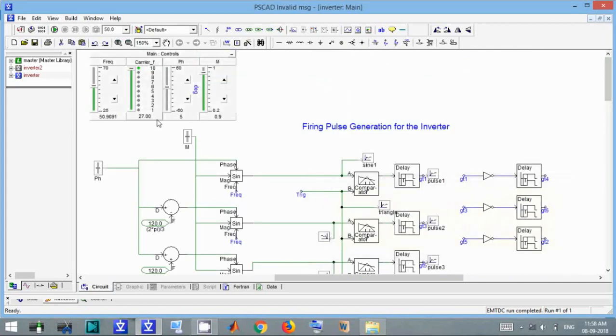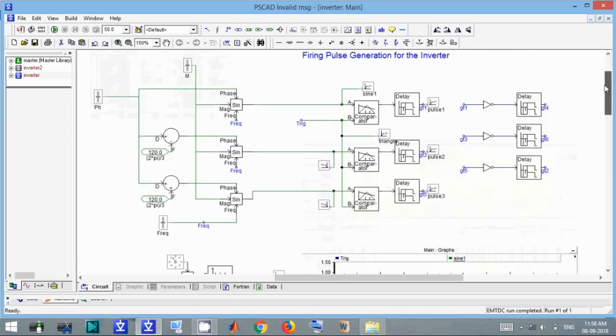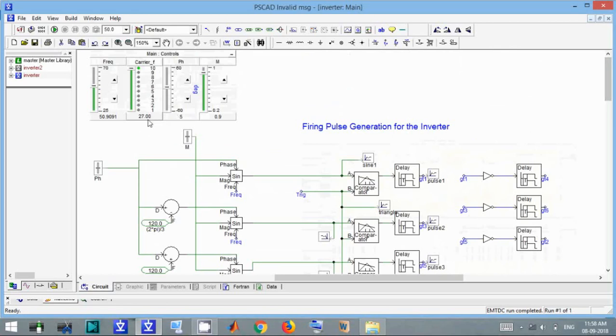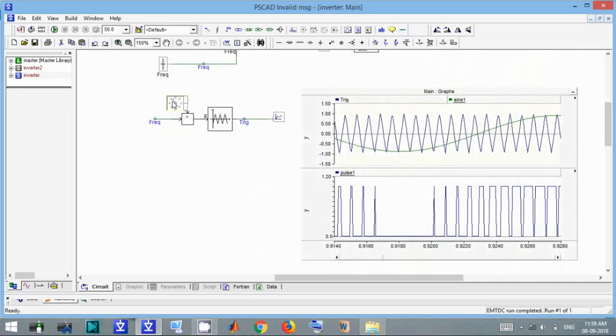This is a carrier waveform, and here it is multiplied by 27. You can also take higher values for this multiplying factor. This is the multiplying factor and this is the fundamental frequency. You can multiply with 30 also, and the frequency will be modulated.